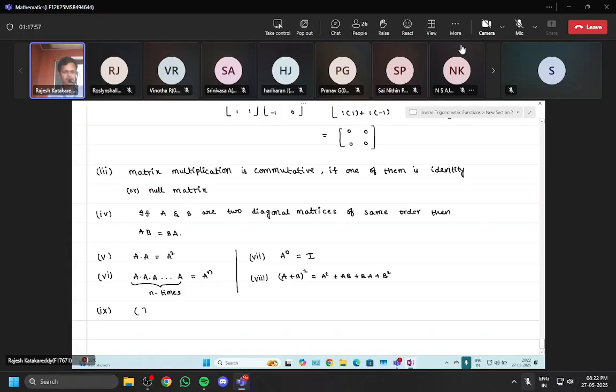If we have (I plus A) whole power n, the binomial theorem can be applied here. This is nC0 into I plus nC1 into A plus nC2 into A square and so on, nCn into A power n. The binomial theorem can be applied on matrices. Clear?